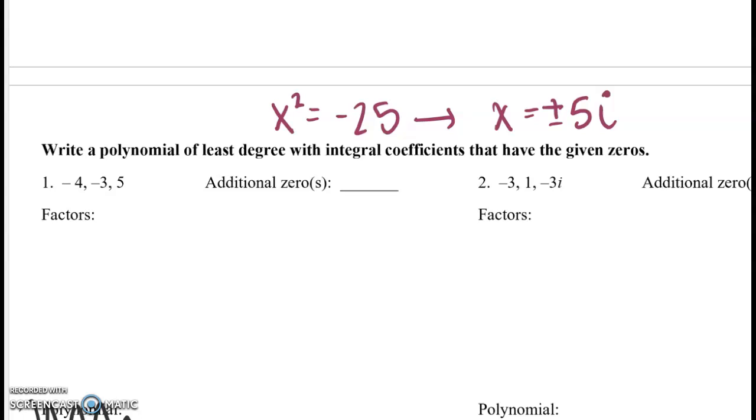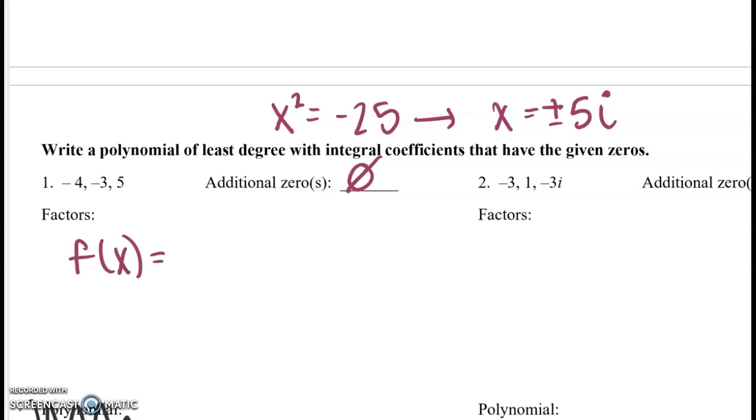So number 1, it says write a polynomial of least degree with integral coefficients that have the given zeros. All right, we could do that. So here, I have 3 zeros, so I'm going to have 3 factors. I don't have any imaginary zeros, so I don't need any additional zeros. I'm writing a function, so I have to name the function. I'll call it f of x.